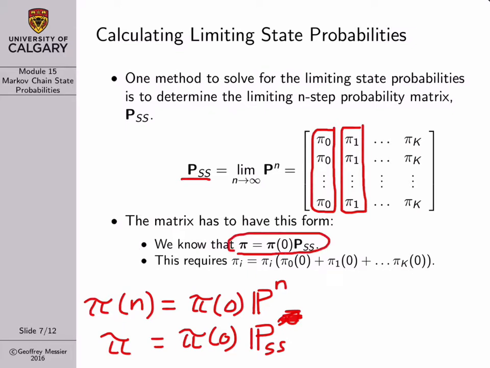So basically what this means is that regardless of the content of pi 0, we always have to come up with the limiting state probabilities. Now, the only way that this is possible is for each of the columns in PSS to be equal to the limiting state probability. And I'll illustrate this in the next slide with a smaller example.